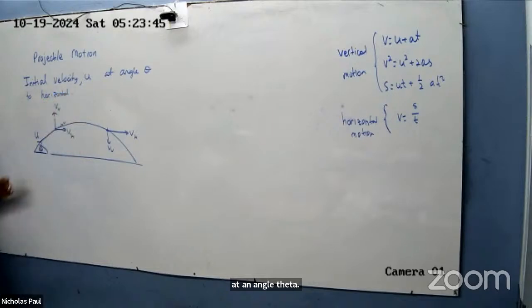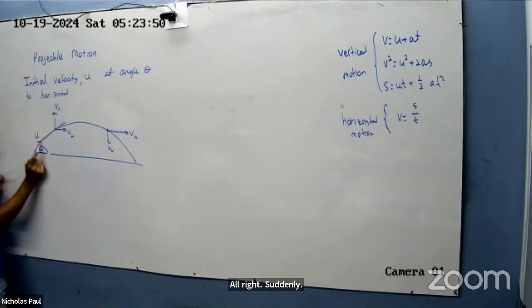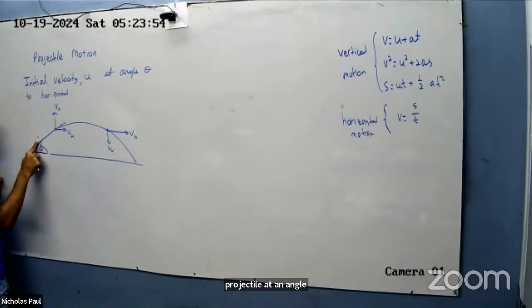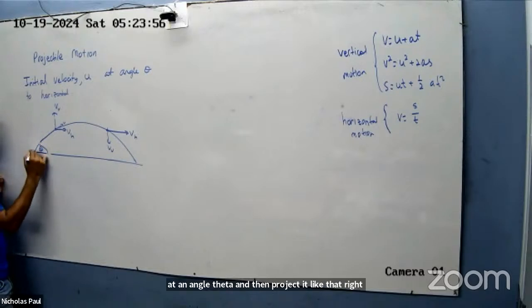So that's what we're looking at here. Projectile at an angle theta, and you project it like that, right? Ideally, this should be a little tangent here, a little way over.